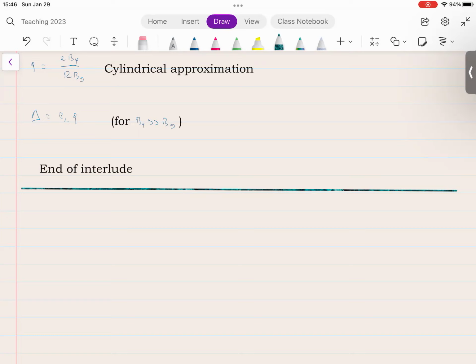So you're going to need a configuration in your magnetic field that takes into account the fact that there are drifts.